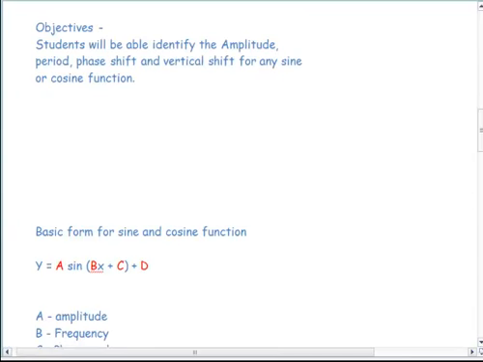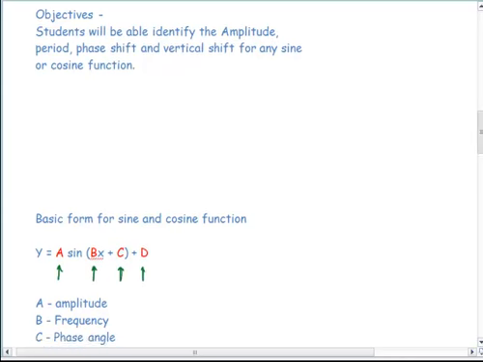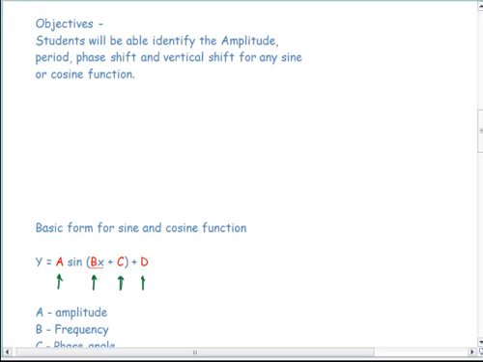Now let's switch to another objective which we can accomplish quickly. It's how to determine the amplitude, period, phase shift, and vertical shift for any sine or cosine function. And this is simply reading values off of the sine function or the cosine function. And notice I have them labeled as A, B, C, and D. These are just numbers or tuning values that you can add to your sine function so you can change its appearance.